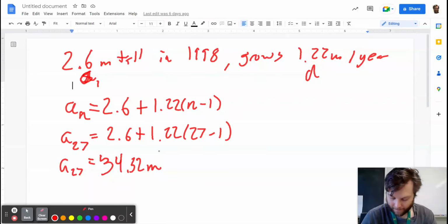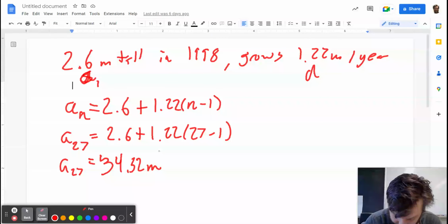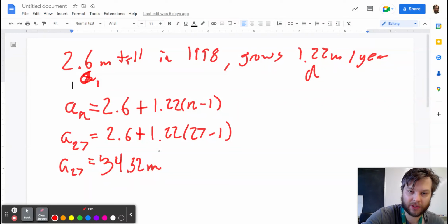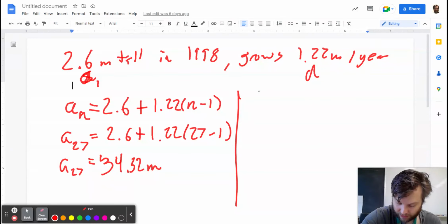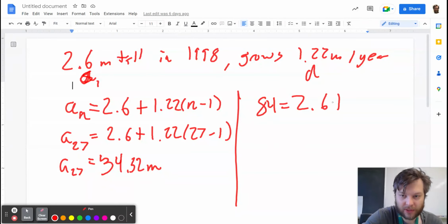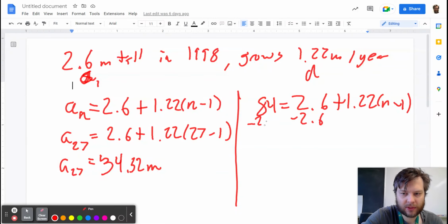It's a big tree. Part C, the tallest living tree has a height of 84 meters. That's super tall. In what year would the plant in 98 reach this height if it continues to grow at the same rate? So now we're doing a solving thing. We have 84 meters equals 2.6 plus 1.22 n minus 1. Let's take away 2.6.